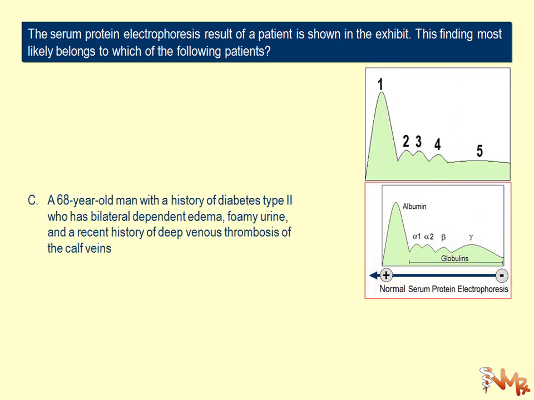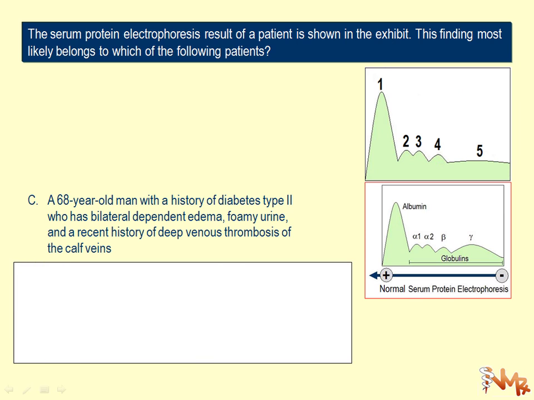With regard to the next option, option C, a 60-year-old man with a history of diabetes type 2 who has bilateral dependent edema, foamy urine, and a recent history of deep venous thrombosis of the calf veins. So what type of finding you would have liked to see in this patient?